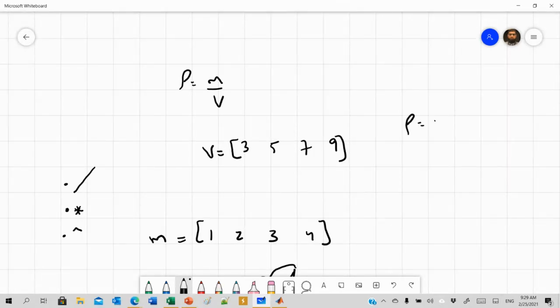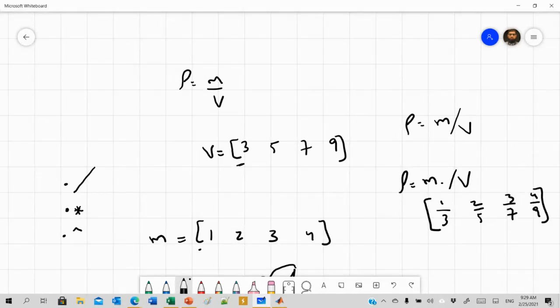If I say density is mass over volume, it doesn't work. I need to do an element wise operation, which means for each corresponding value of mass divided by the corresponding value of the volume. So I'll get 1 over 3, 2 over 5, 3 over 7, 4 over 9.